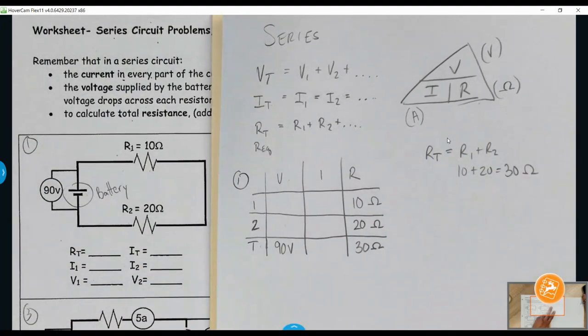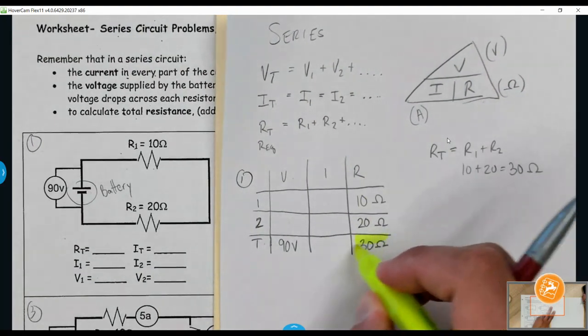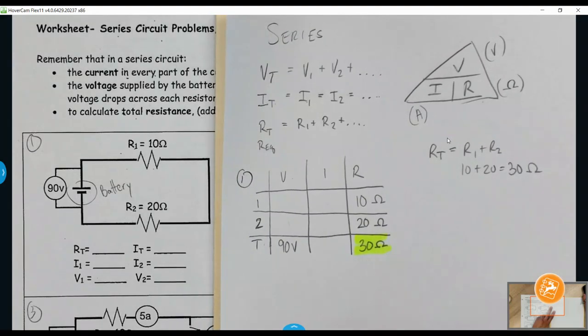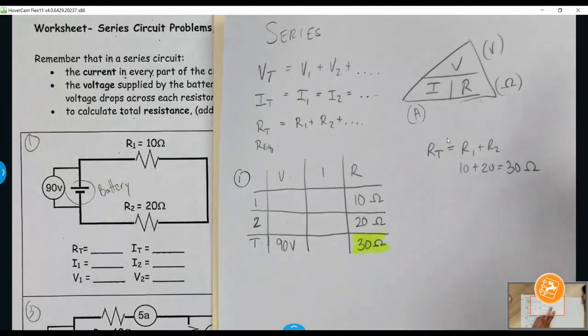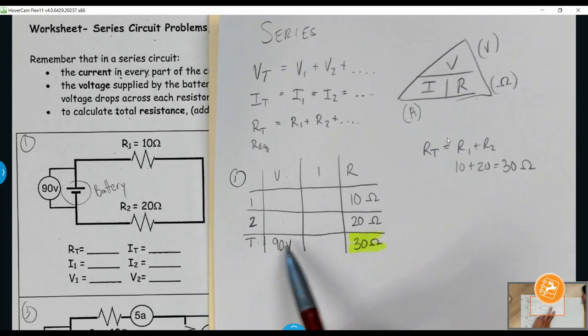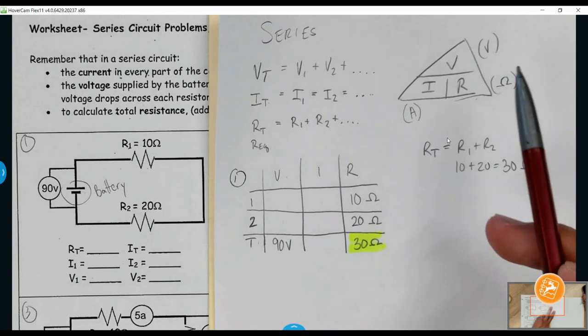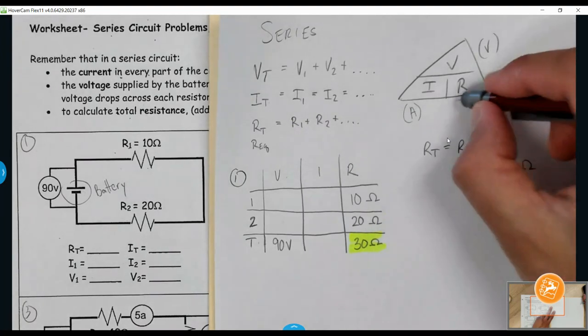All right, 30 ohms is our total resistance, which you just found by straight up adding, 10 plus 20, boom. Now I have 2 pieces of information in the same row, which means I get to use the triangle.